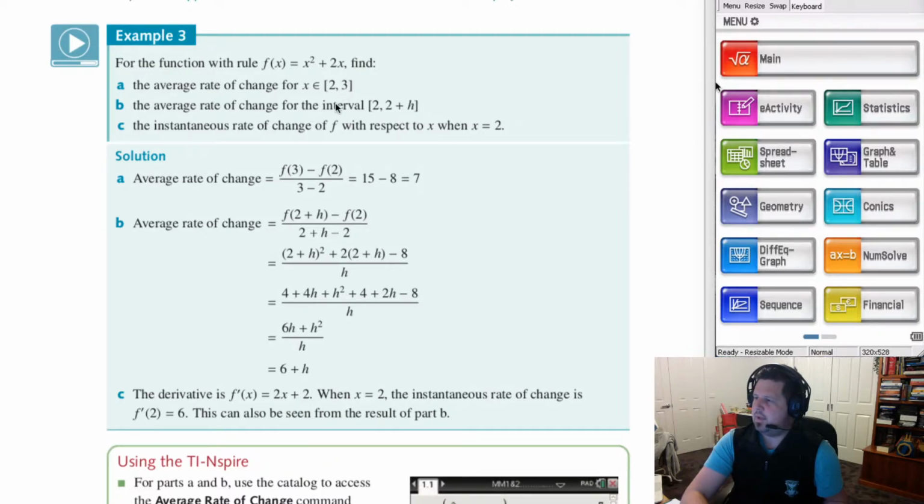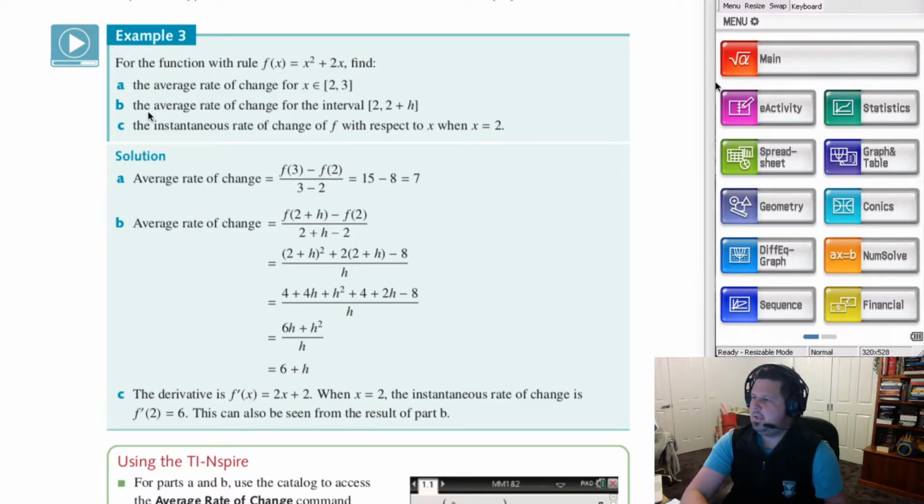Then we're going to subtract the value of f of 2. So it's a matter of substituting 3 into this function to get that, substituting in 2 into the function to get that value. And then we're going to divide that by the b value, take away the a value. Running that calculation, we get the average rate of change between 2 and 3 is 7.